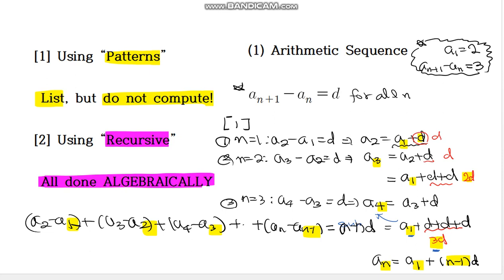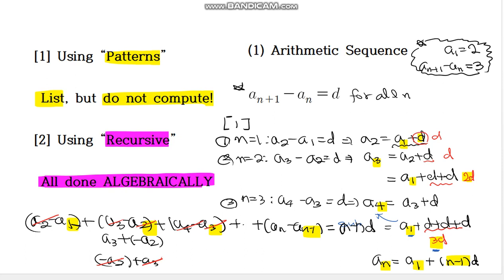Then you see A2 here, right? By the commutative property of addition, A3 plus negative A2, you can switch them like this, negative A2 plus A3, right? And you do so as you go all the way down. Then negative A2, A2, negative A3, A3, negative A4, A4, and everything cancels itself, right?